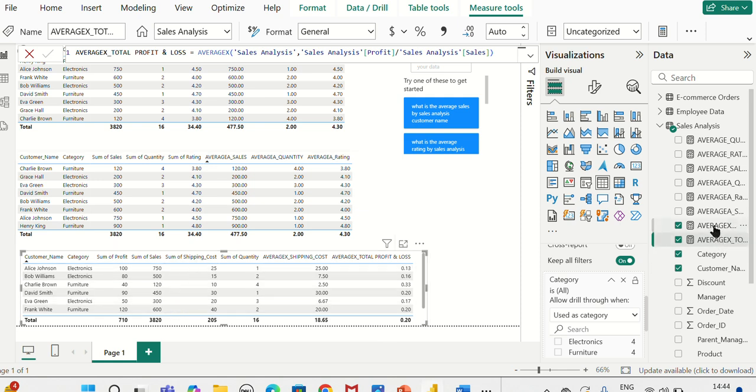Same for the shipping also. I have used the AverageX function. See, I have divided shipping cost by shipping cost quantity. So what I have got, this is the AverageX, because it got divided into row by row calculation.